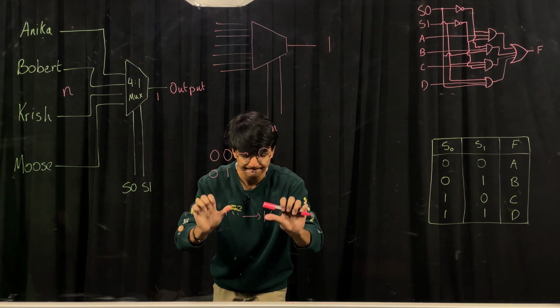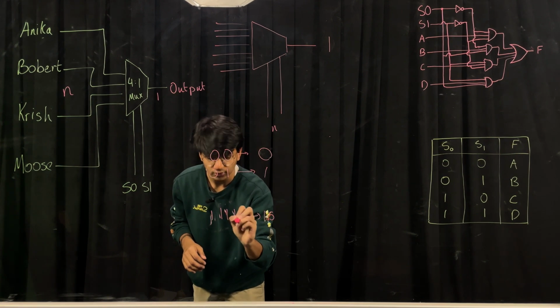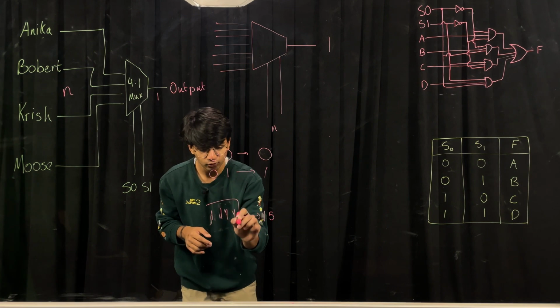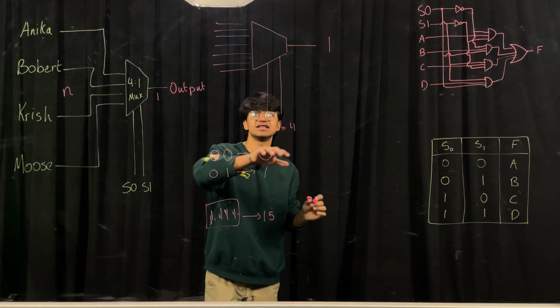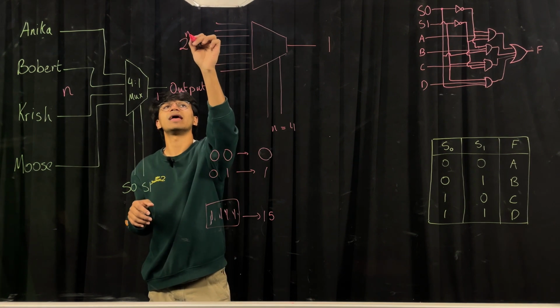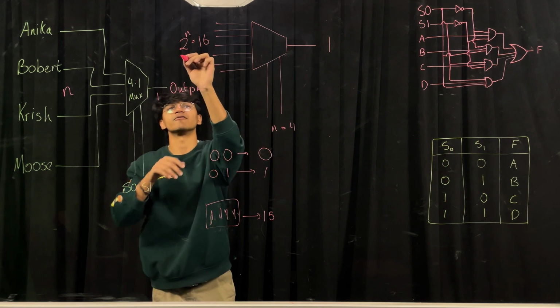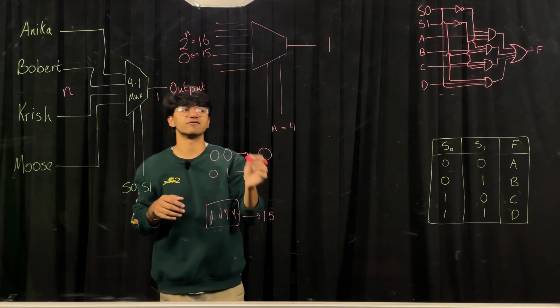We would go 15, and 15 would be 1, 1, 1, 1. If we want 1, 1, 1, 1, we use 15. We need 4 select bits. So this n would equal to 4. If we have 4 select bits, we can do 2 to the power n, or 16 total conversions, which is from 0 to 15. Any number in between we can pick from.